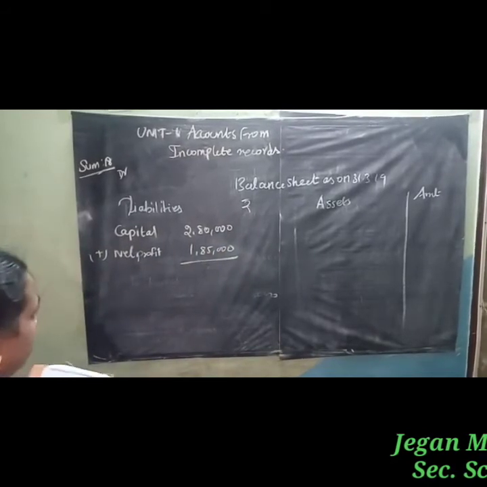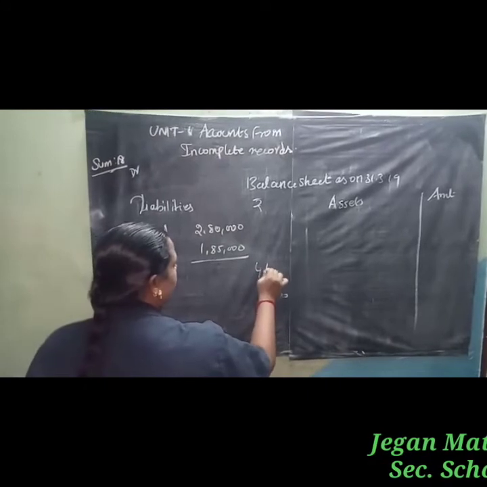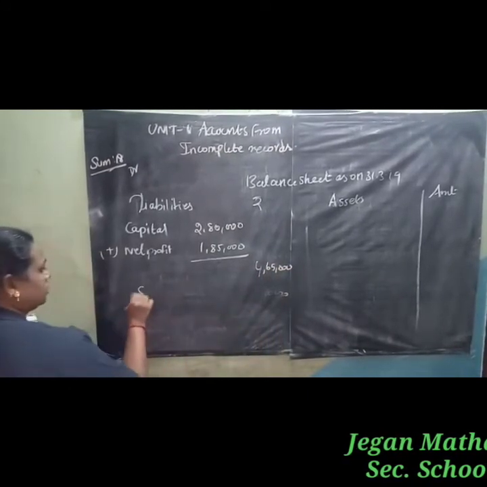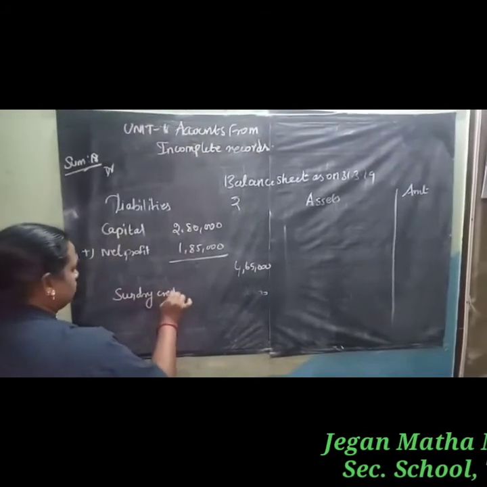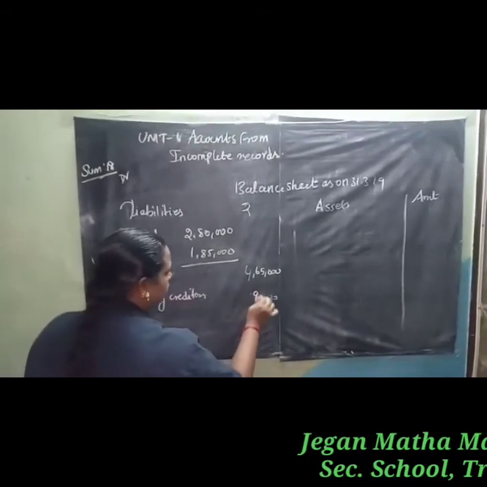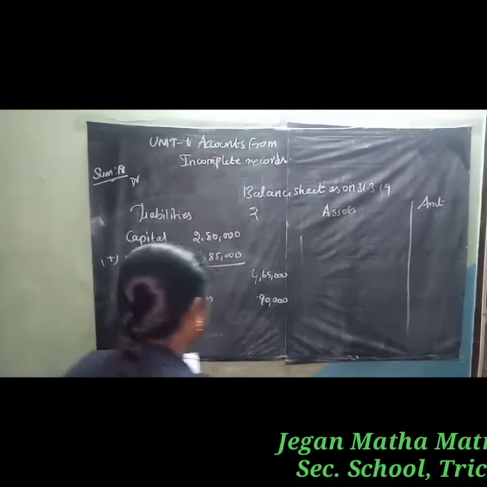So 2,80,000 plus 1,85,000 is 4,65,000. Then sundry creditors 90,000.